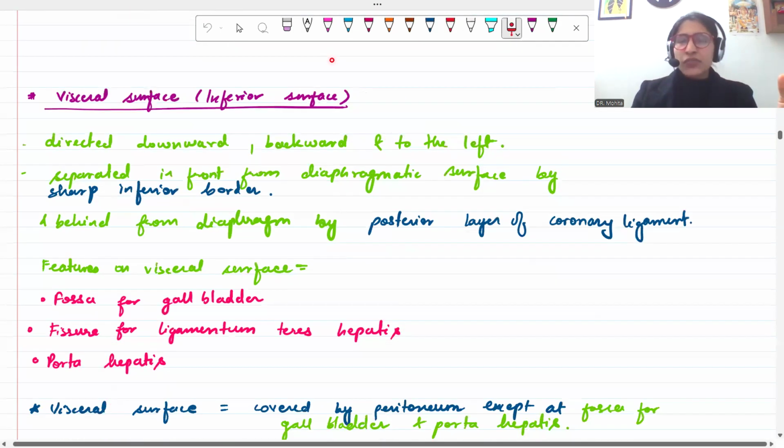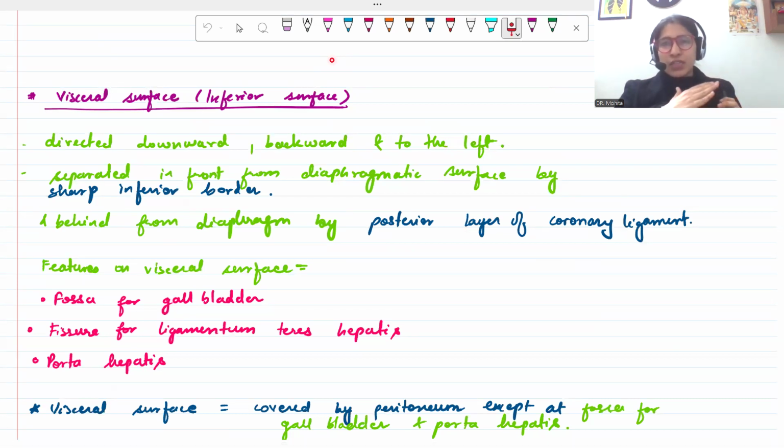Then we have visceral surface. Now, very important, the visceral surface is directed downwards, backwards, and to the left. So that is the visceral surface. We are talking about the inferior surface of the liver. Main thing, it is separated from the diaphragm. See, diaphragm is present anteriorly.